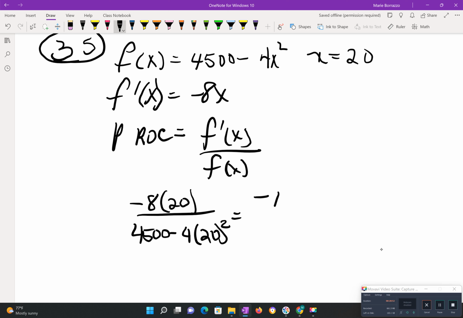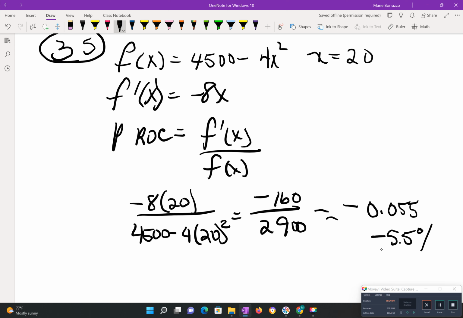You end up with negative 160 over 2,900, which comes to negative 0.055. In other words, negative 5.5%. And I believe that is also our answer.